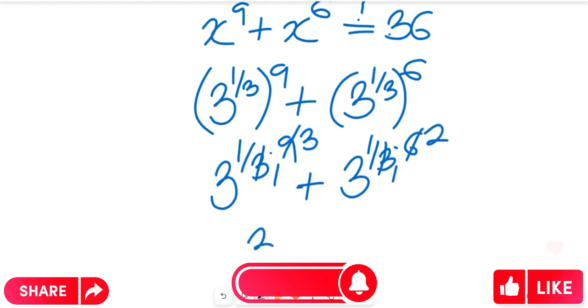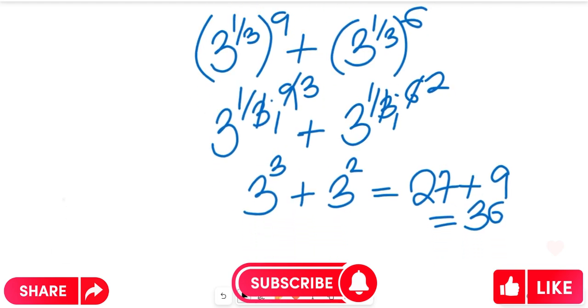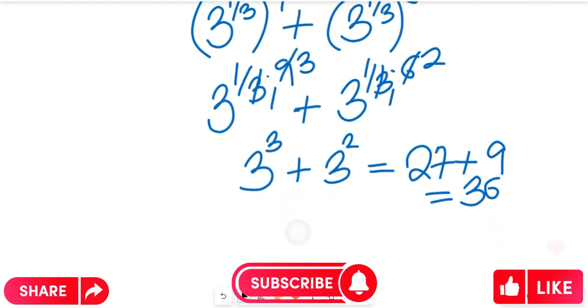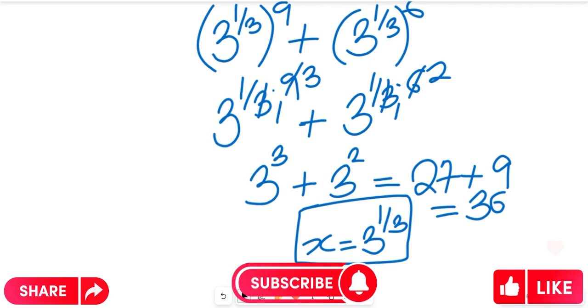So we'll have 3 to the power of 3 plus 3 to the power of 2, which is equal to 27 plus 9, and 27 plus 9 is equal to 36. So you see the value of x equal to 3 to the power of 1 divided by 3 truly satisfies that exponential equation found above.